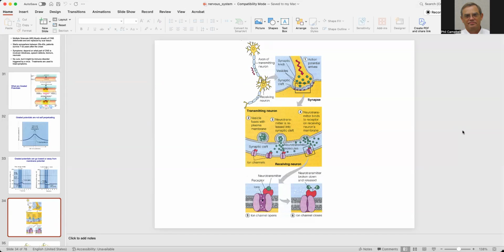So within the synapse, if we have a neurotransmitter that is going to be targeting sodium, it will lead us to a depolarizing event. If it is going for potassium, it will be a hyperpolarizing event. So hence, graded potentials can either go towards zero or away from zero. Okay? They can be either depolarizing or hyperpolarizing.